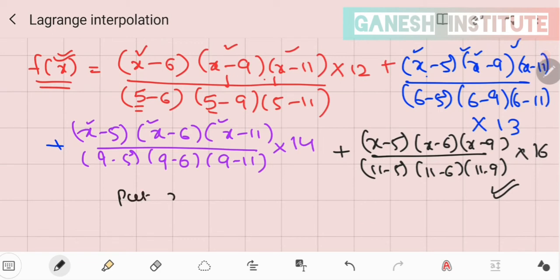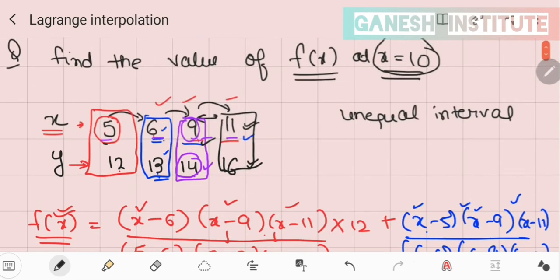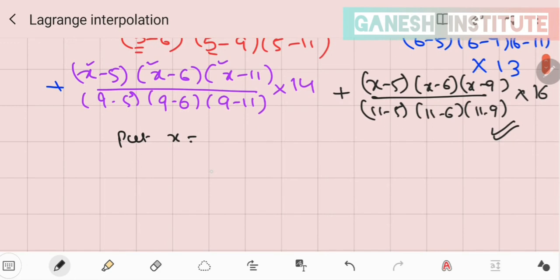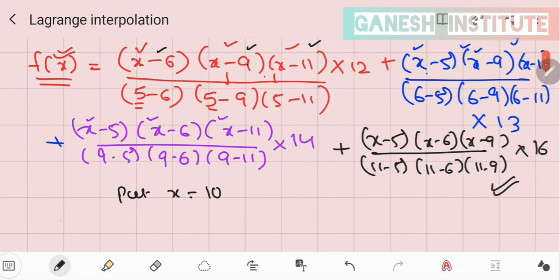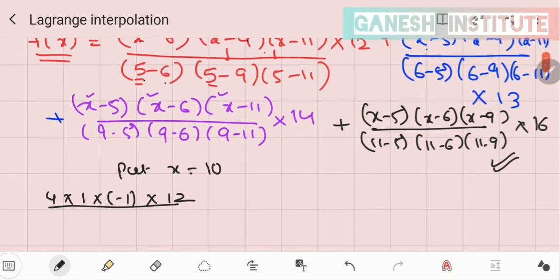So x is 10 here. 10 minus 6 is 4, 10 minus 9 is 1, 10 minus 11 is minus 1. So 4, 1, minus 1, multiplied by 12, divided by 5 minus 6 is minus 1, 5 minus 9 is minus 4, 5 minus 11 is minus 6.